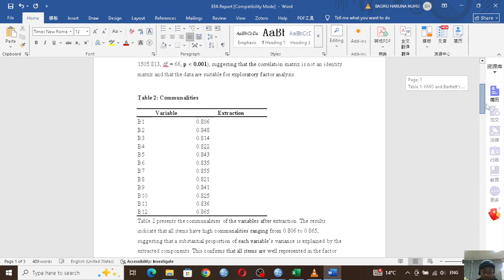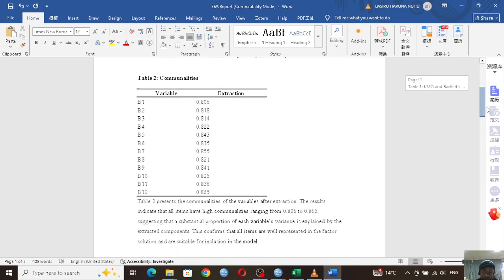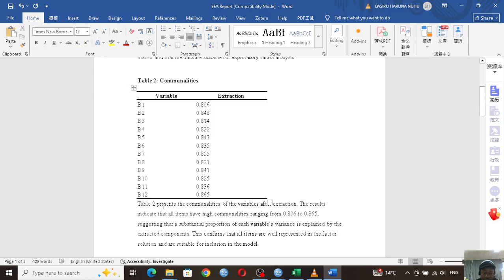And then we come to the communalities. So how do we present the communalities? Table 2 presents the communalities of the variables after extraction. The results indicate that all items have high communalities ranging from 0.806 to 0.865, suggesting that a substantial proportion of each variable's variance is explained by the extracted component.